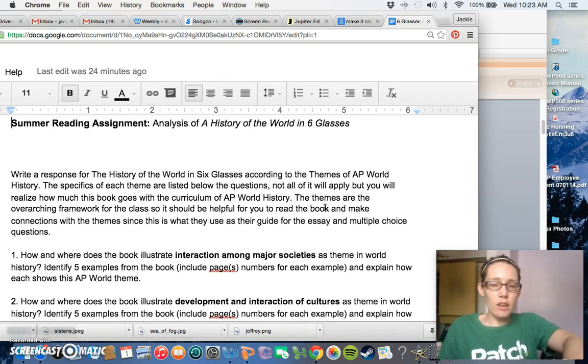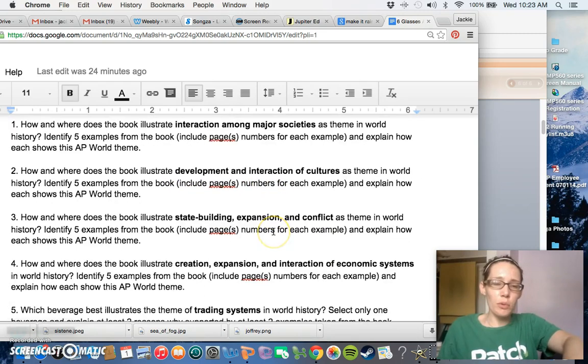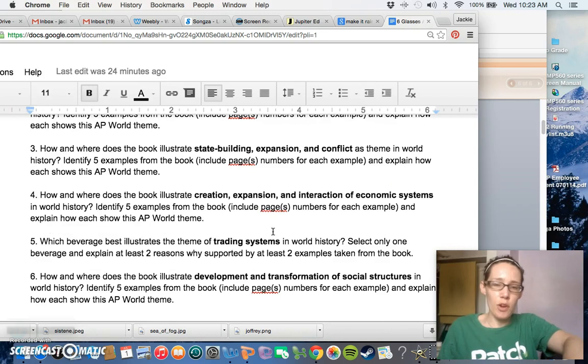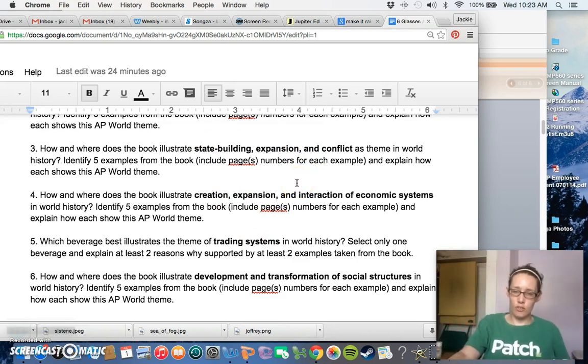I'm not going to read all of this for you, but notice how the keywords that connect to the themes are all in bold, so hopefully that makes it easier. The other thing I really want to stress is that when you are connecting the themes to the reading, I want you to include page numbers so that you get into the habit of citing your sources.